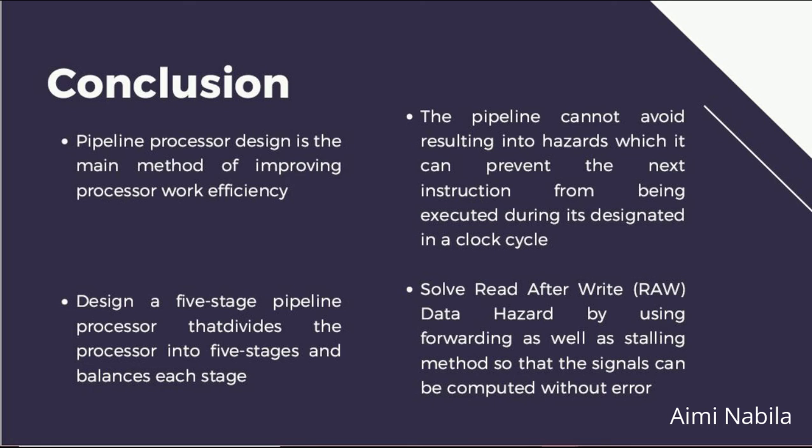The third one, the pipeline cannot avoid resulting in hazard, which can prevent the next instruction from being executed during its designated clock cycle. The last one, we had solved a read after write data hazard by using forwarding as well as stalling methods so that the signal can be computed without error.